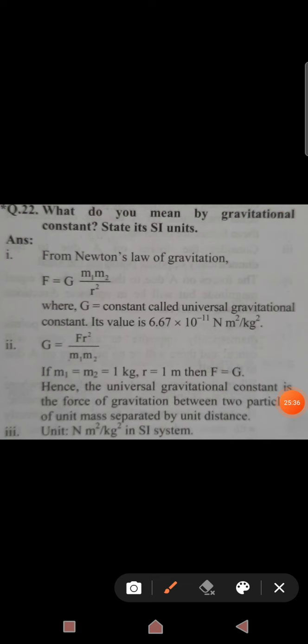I have explained that first we write the dimensions of force, that is 1 in mass, 1 in length, and minus 2 in time, multiplied by L square divided by M square. If you solve, you get minus 1 in mass, 3 in length, and minus 2 in time. That is the conclusion.